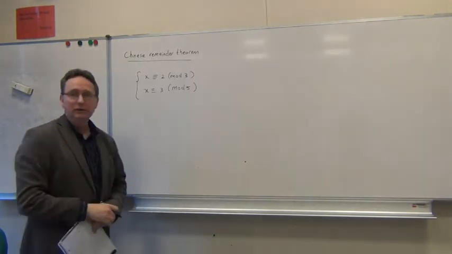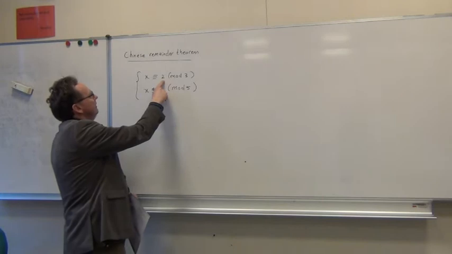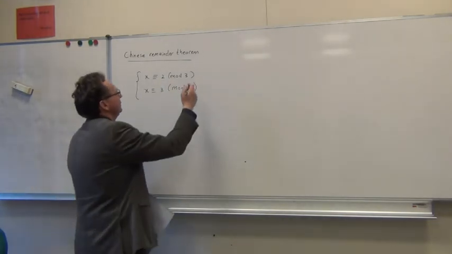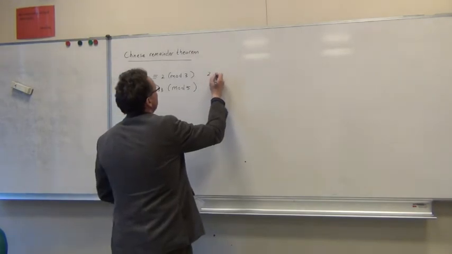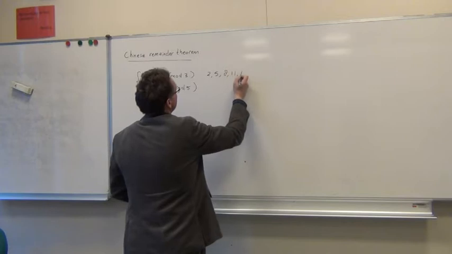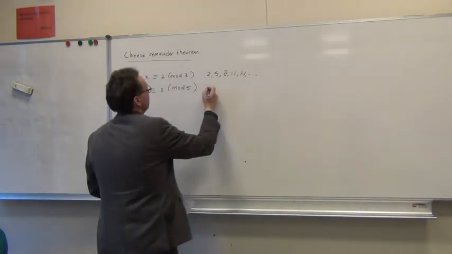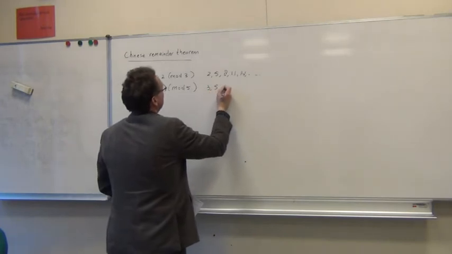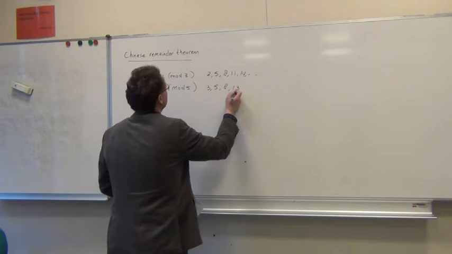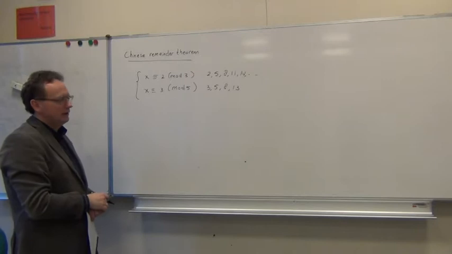Well, it's not very difficult to find a solution, because if you look at these numbers, they give remainder 2 when divided by 3. It's not just 2, it's also 5, 8, 11, 14, etc. And similarly, these numbers include 3, 8, and then 13, etc. No, I made a mistake there.